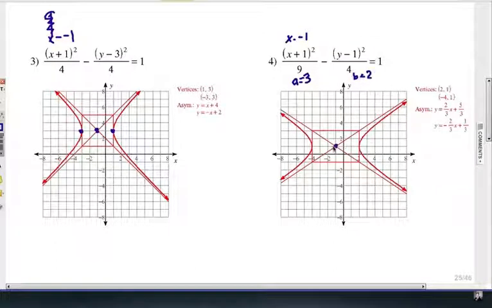We go horizontally 3 spaces in both directions, and up and down 2. Draw your square, draw your asymptotes diagonally, and the vertex goes there, curving up towards the asymptote and down towards the other asymptote. The other vertex is in a similar direction, opening from left to right, and there's your hyperbola. Excellent.